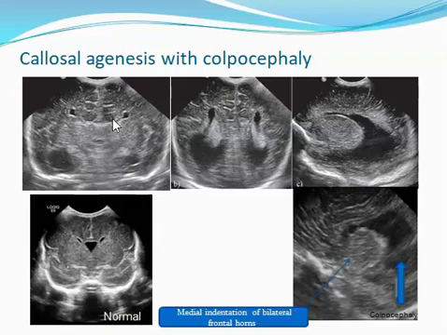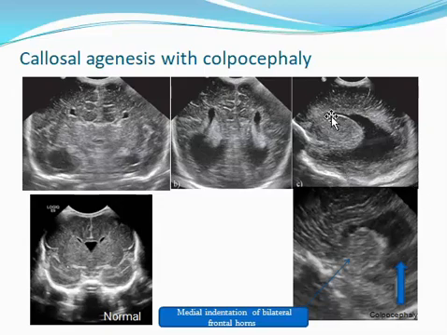If you look at over here, this is the normal, where they lie close, but when there is a corpus callosum agenesis, you will see that these lateral horns are very far away from each other. Now, when you scan towards the posterior side, you will see that the trigones of both lateral ventricles are dilated and very much parallel to each other. So this is the colpocephalic dilatation of the posterior horns of the lateral ventricles.